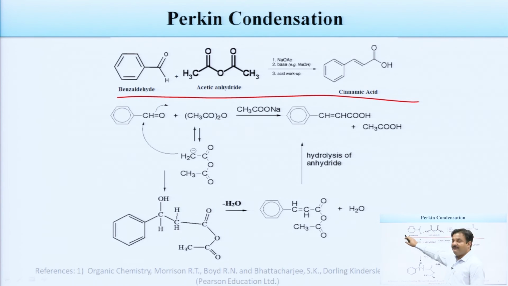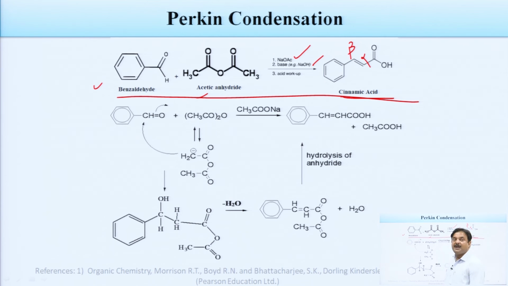You can see when we are taking benzaldehyde as an aromatic aldehyde, acetic anhydride as acid anhydride, sodium acetate, and NaOH as a base, we are getting alpha beta unsaturated carboxylic acid. In that particular reaction, this is cinnamic acid. You can see alpha beta. There is a double bond, or you can say unsaturation, between the alpha carbon and the beta carbon. So, this is an alpha beta unsaturated carboxylic acid named cinnamic acid in this particular example.